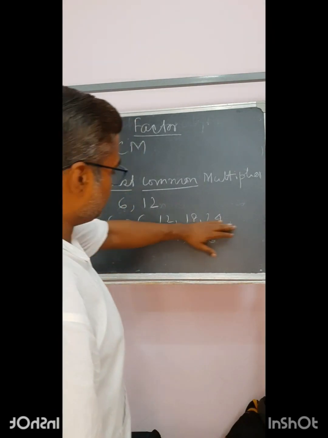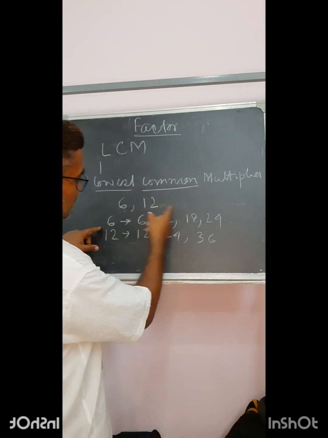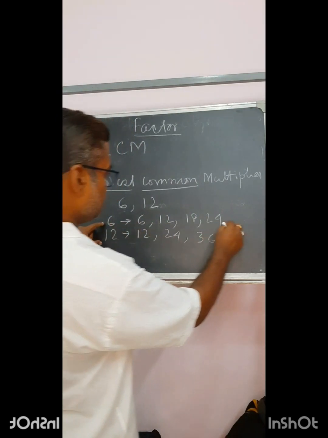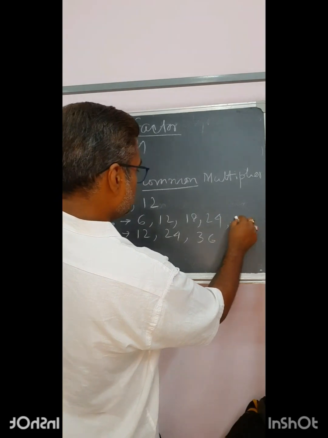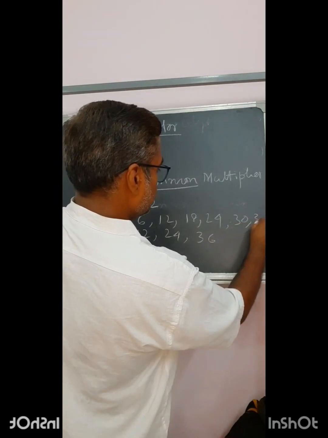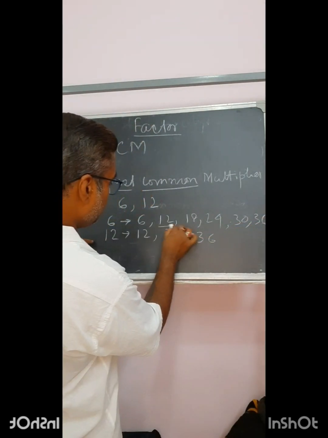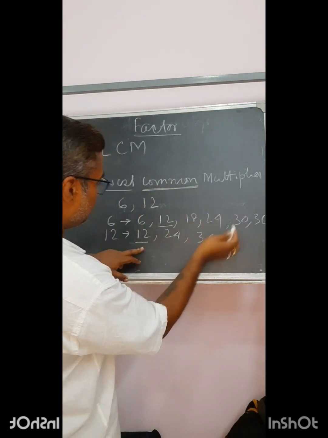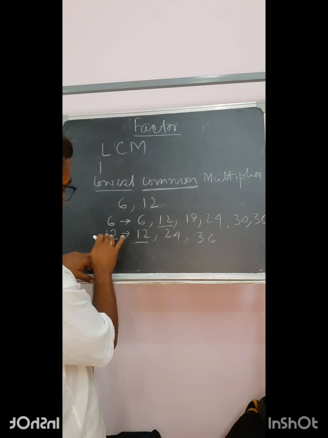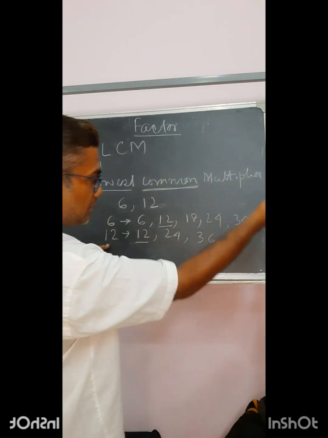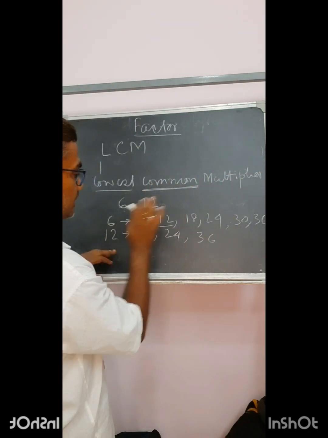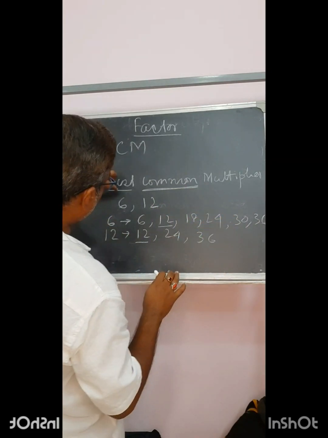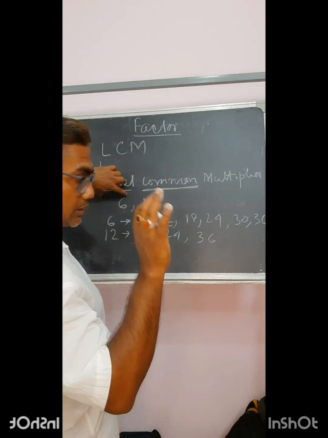So in this series, somewhere some number will match. If I go further, I see 30, 36. Now I see here 12 also matching. These are common. I need to have a common multiple. That means it could be some multiple of these two, but that has to be common, and I need to choose the lowest out of that.